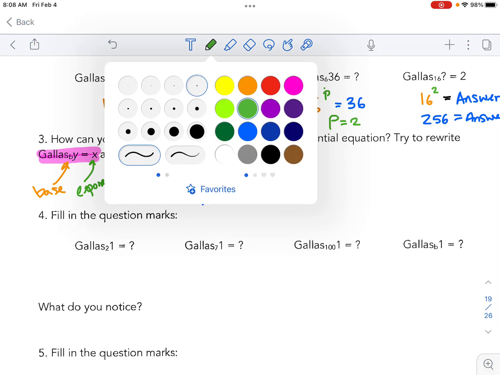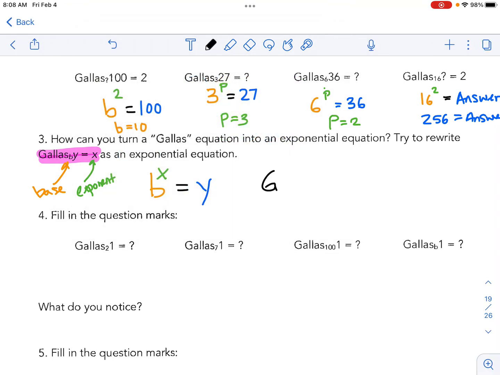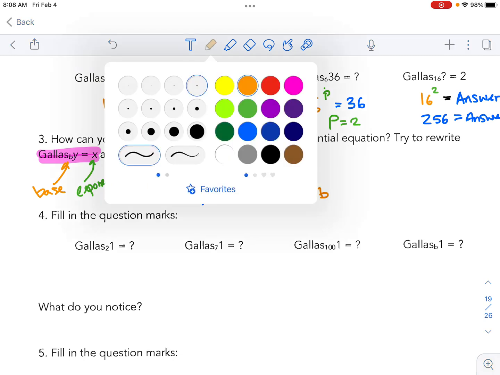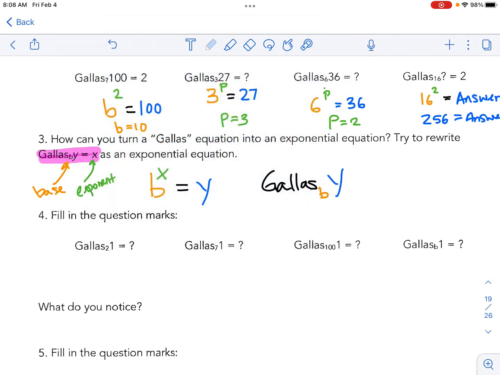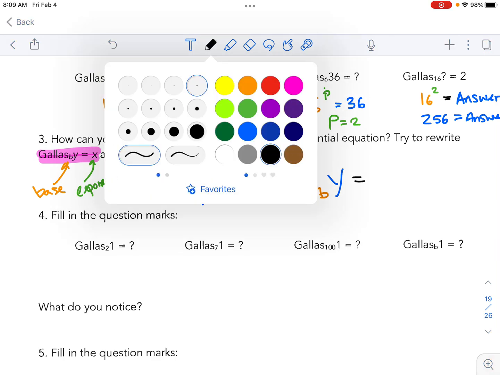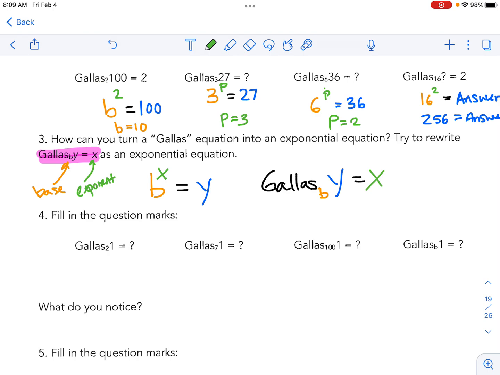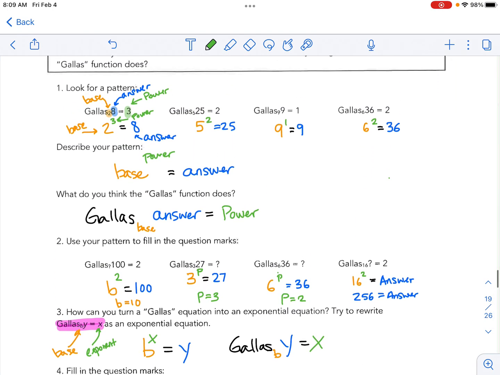So as we can see then, this log function, whatever it does, it will take our base and our answer, and it will enable us to solve for the power, right?